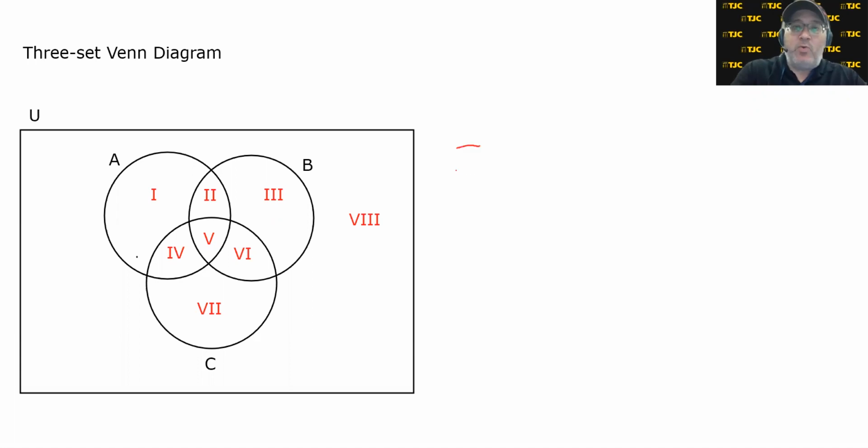For example, region 1 is inside of A and outside of B and outside of C. So I'll say that again. Inside of A, and, intersection is and, outside of B, so B complement, and outside of C, so C complement.